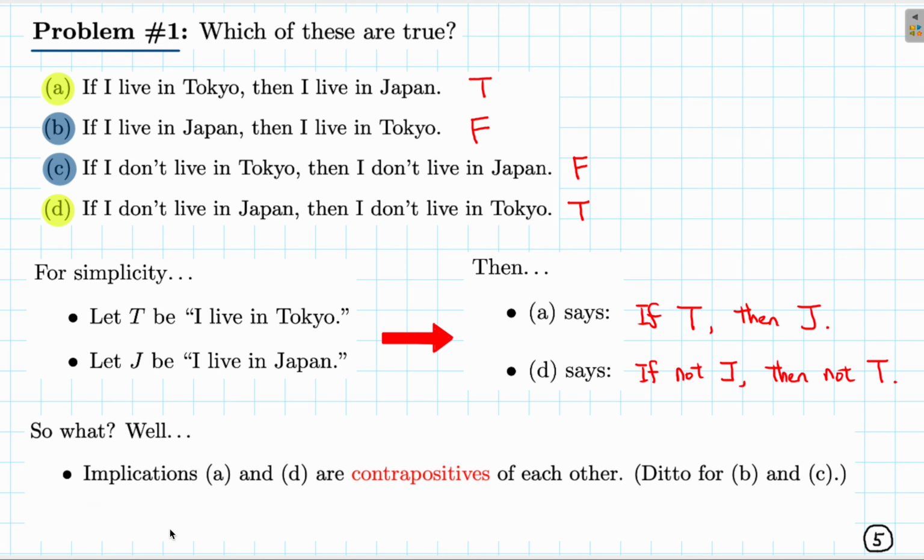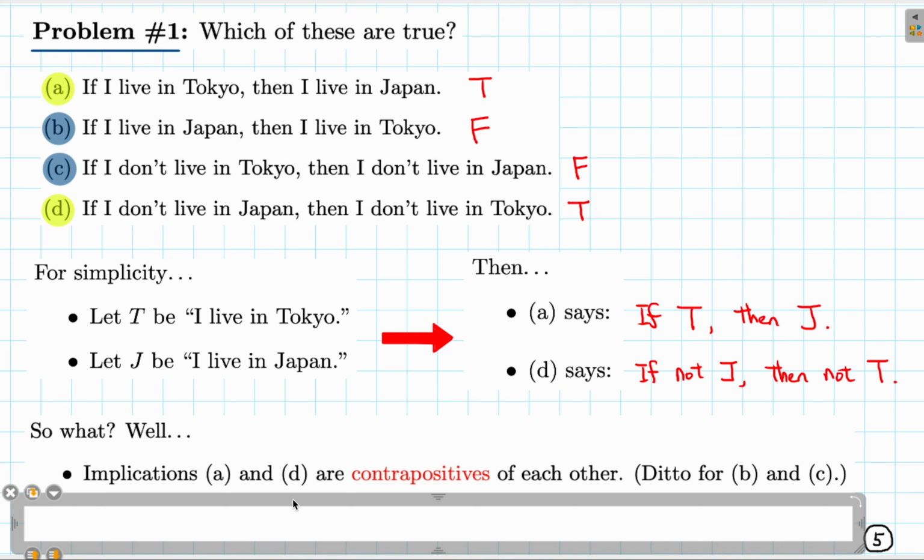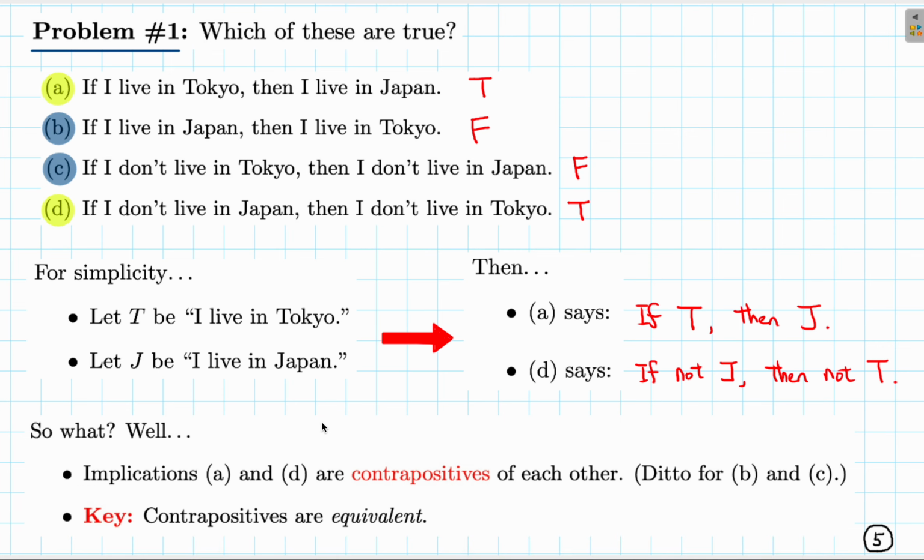Well, the upside to these contrapositive relationships is that contrapositives are equivalent. In other words, statements A and D are saying the same thing in 2 different ways. And therefore, if one of them is true, the other one has to be true as well. Or if one of them is false, the other one has to be false as well. That was the case of B and C.